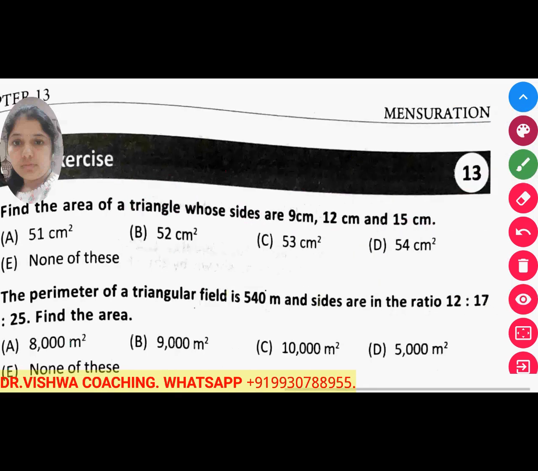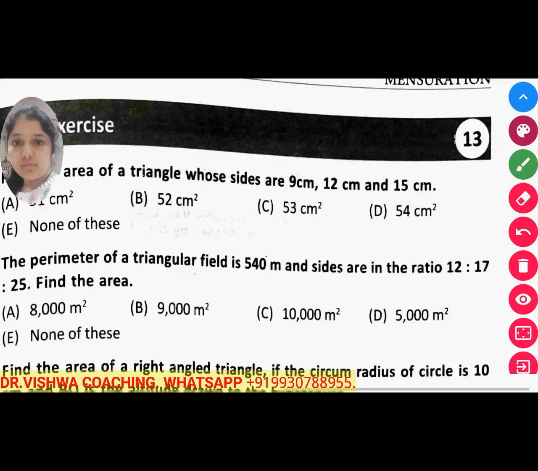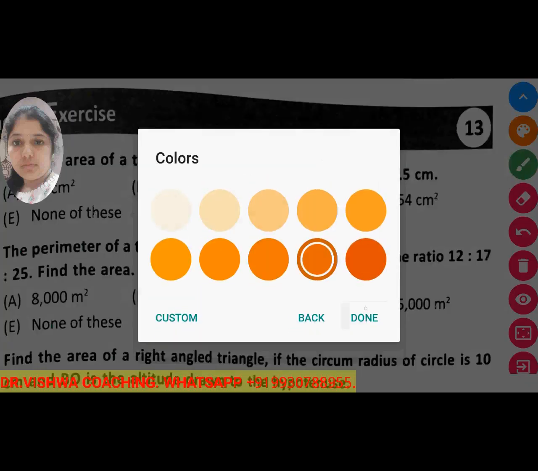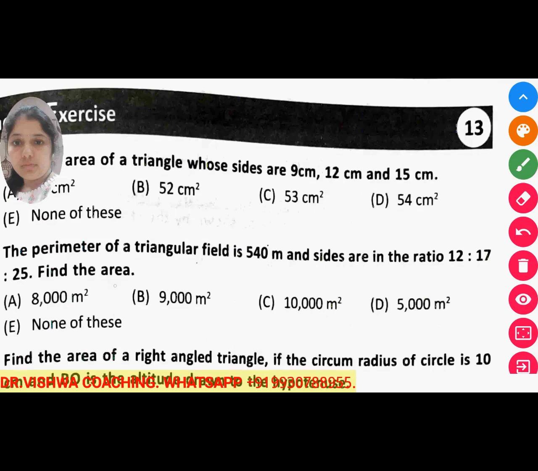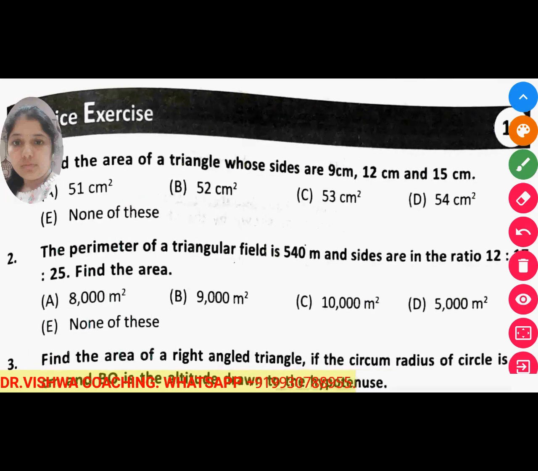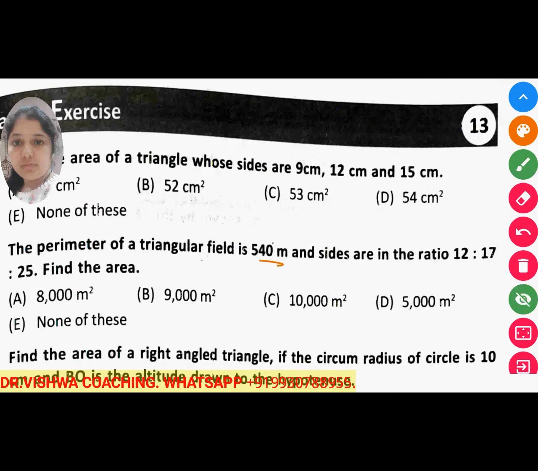Now the next problem: we have to find the area of the triangle, and the perimeter is given to us, which is 540 meter, and the sides are in the ratio 12 is to 17 is to 25.